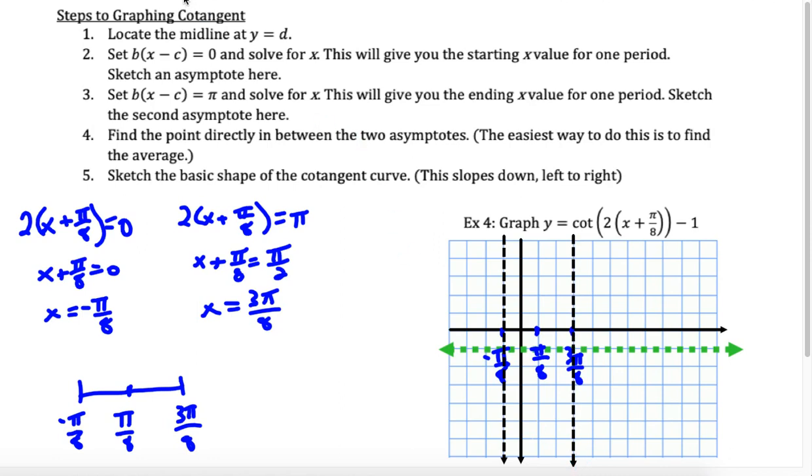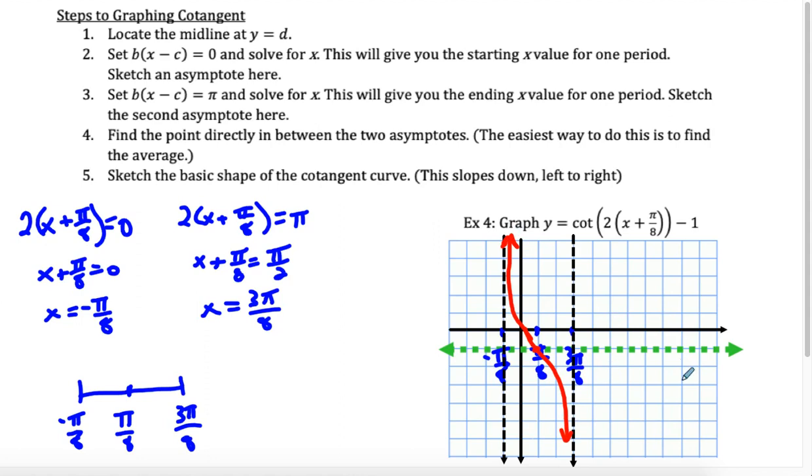And sketch the basic shape of my curve. So remember, we'll be crossing the midline at pi over 8, not the axis. Okay? So we should have something that looks like this for one period of cotangent.